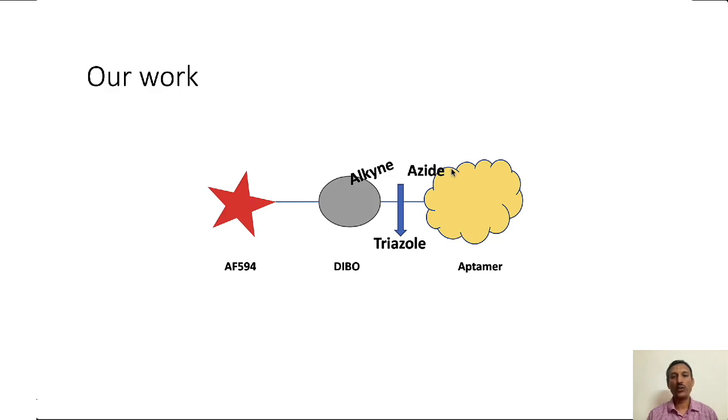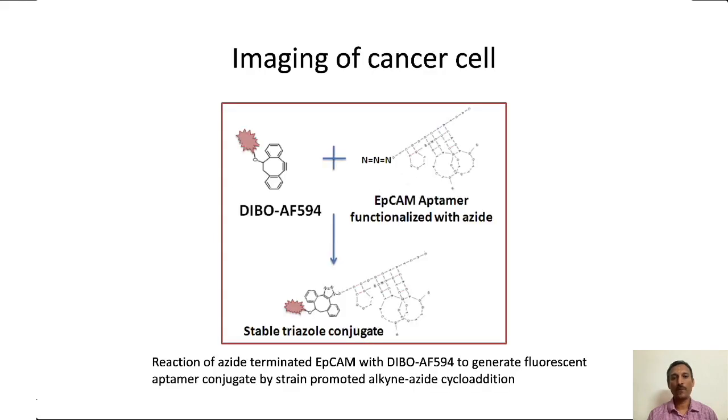When these two are combined together, this gives the triazole derivative. This is our overall work. The azide aptamer is one unit, and the alkyne DIBO with the Alexafluor is another unit, and these two are condensed together to give the click reaction.